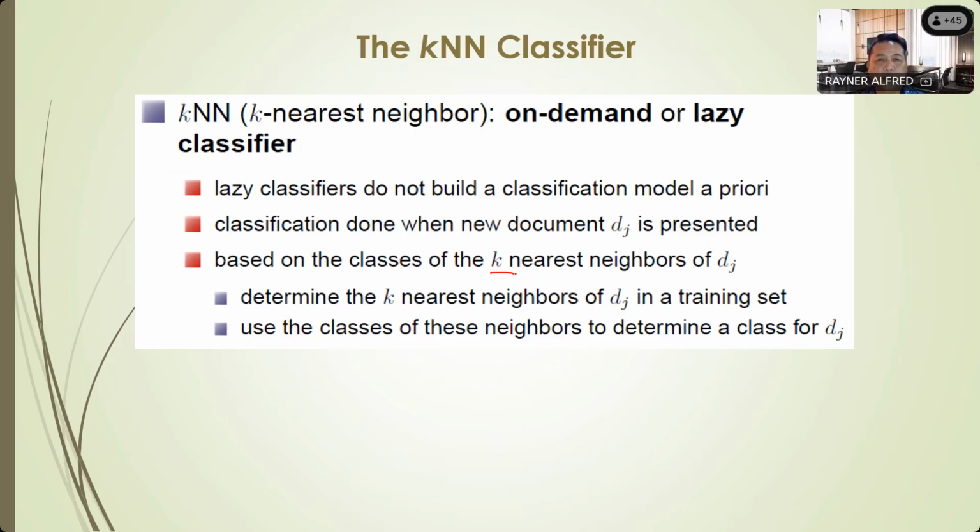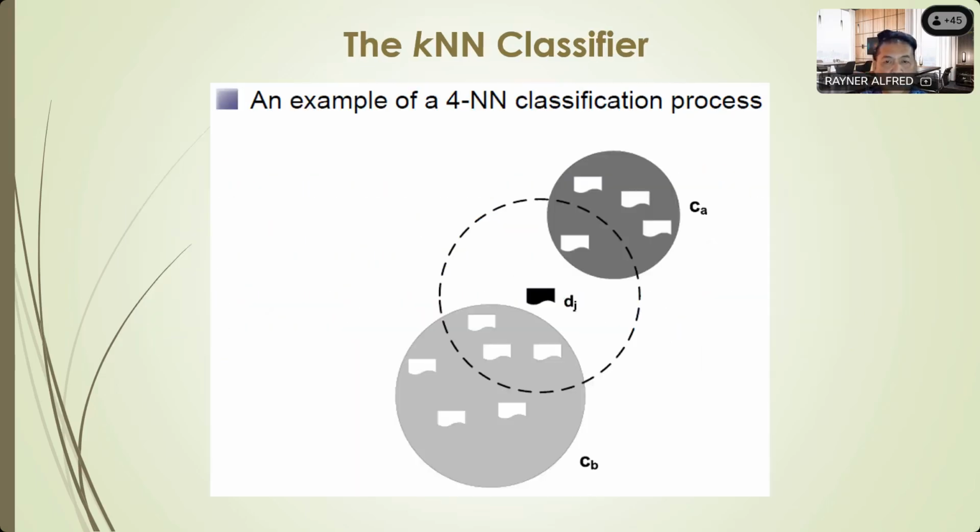And the issue again here is what is the best K? So for instance, this is your new unseen document here. What you want to do is assign to class A or class B. And of course, you will depend on the K here.